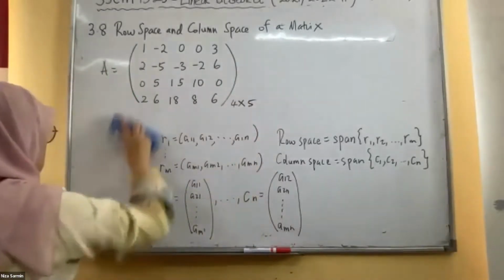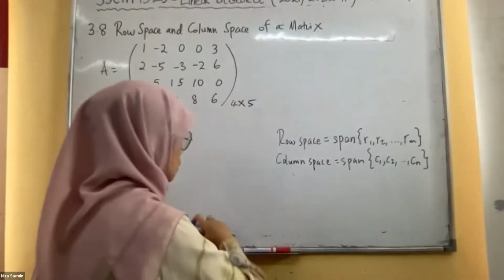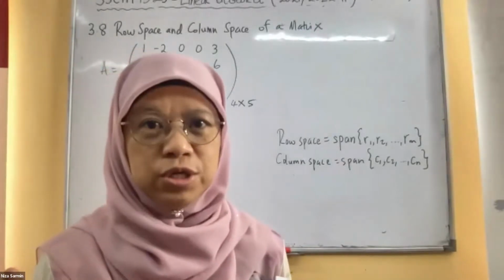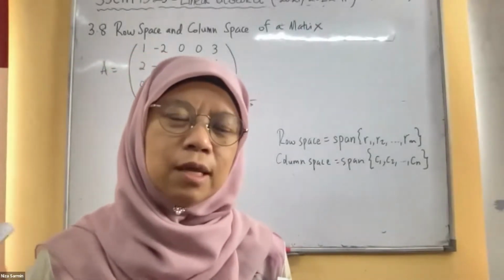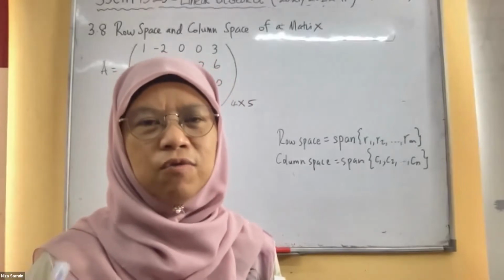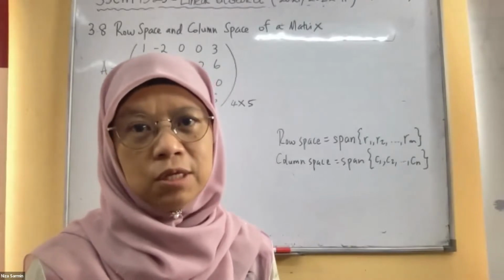So we want to find the row space and the column space, and then you find the basis. That is the common question: find the span of the rows or the span of the columns and find a basis for that space.